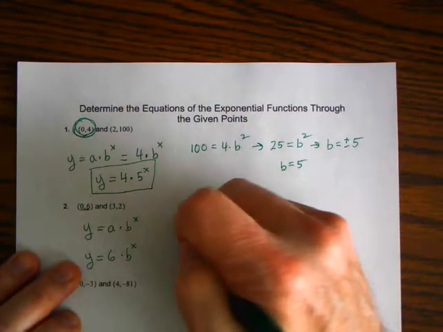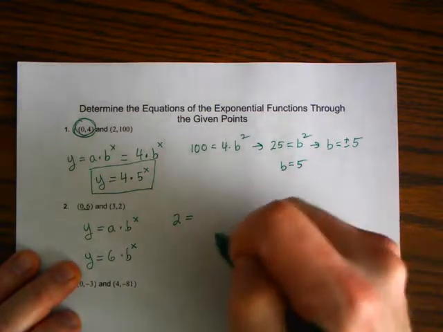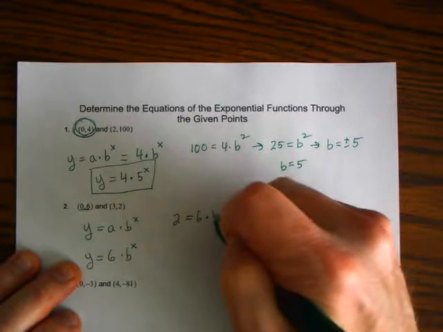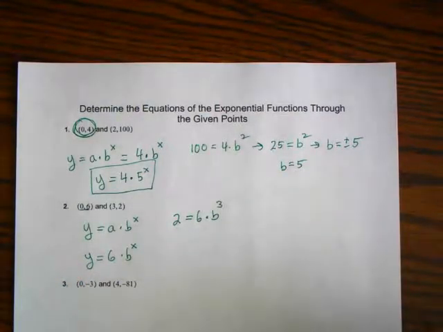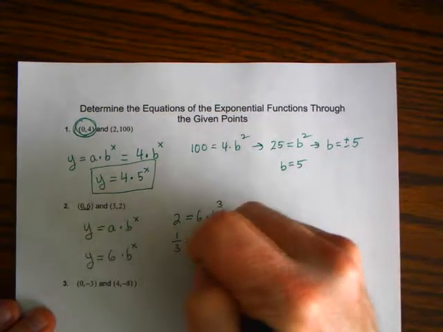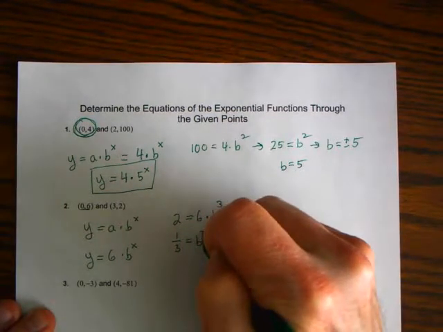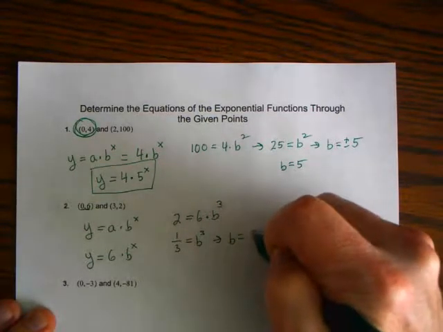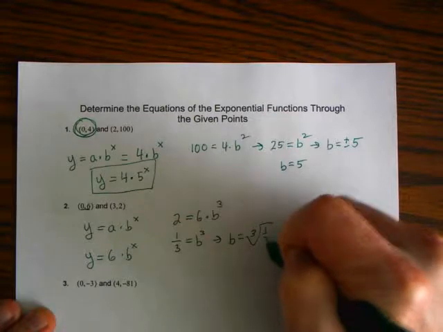So we have 2 equals 6 times b cubed. We divide both sides by 6. We get 1/3 equals b cubed, which means b is the cube root of 1/3.